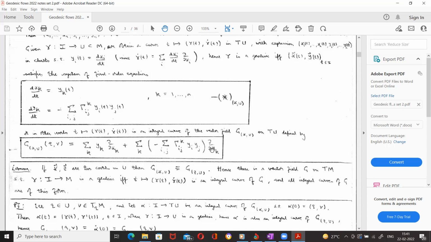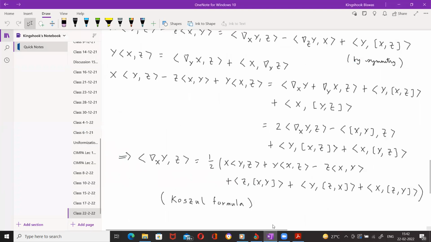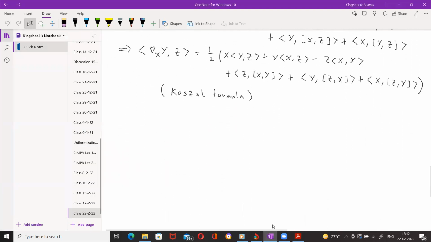So maybe I should just write it out for you. So here's the geodesic equation.